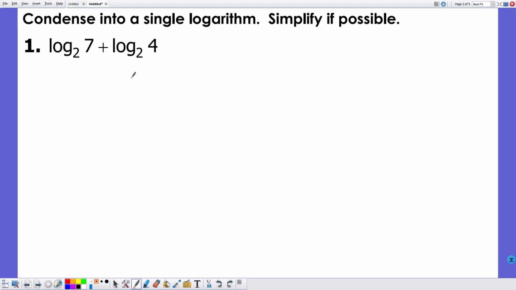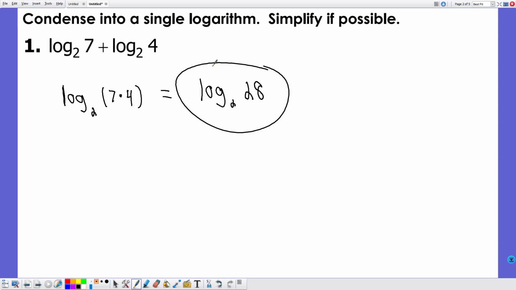Since we're adding the two together, when we simplify, we get log base 2 of 7 times 4. And then we can just multiply the numbers together. So it's log base 2 of 28, since 7 times 4 is 28. And that is it. That is our simplified logarithm.